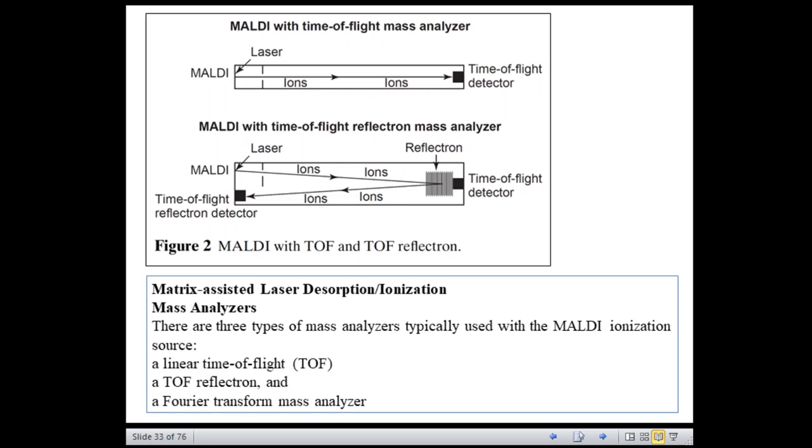Right. So now we will try to understand the mass analyzers. There are three types of mass analyzers which are typically used with the MALDI ionization source. So till now we have understood the ionization, the various modes of ionization, and which mode is best suited to study proteins and peptides.